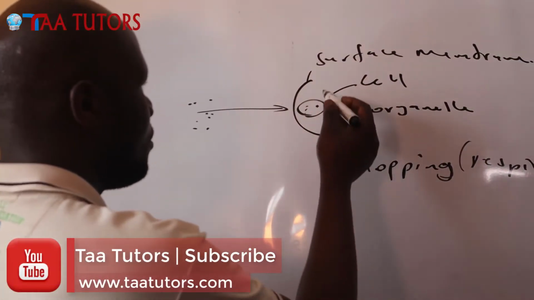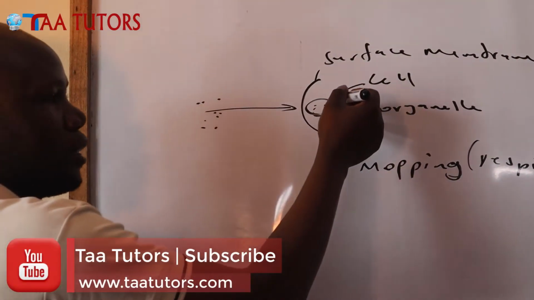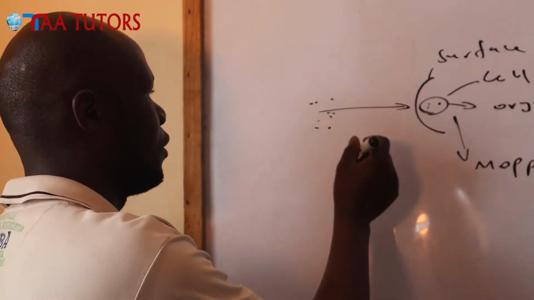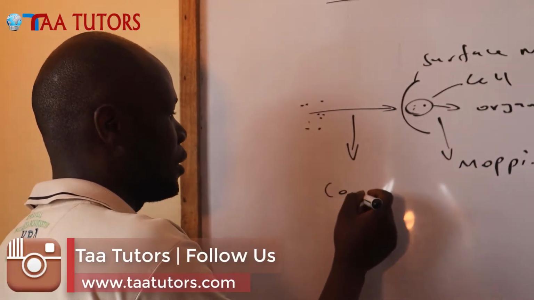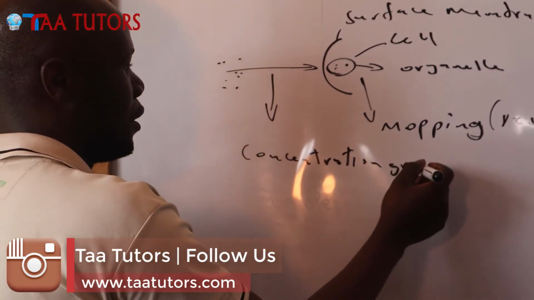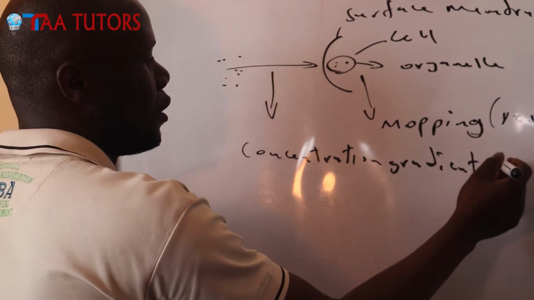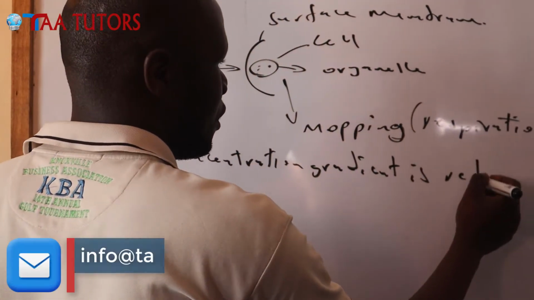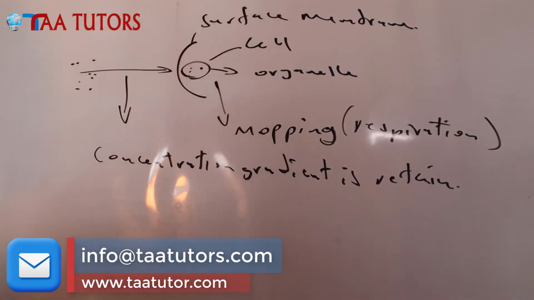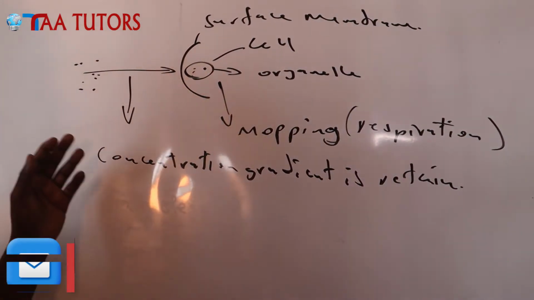So this one will be leaving the molecules to be continuously less inside the cell, and therefore the concentration gradient is retained because this is what this process was relying on for it to happen.